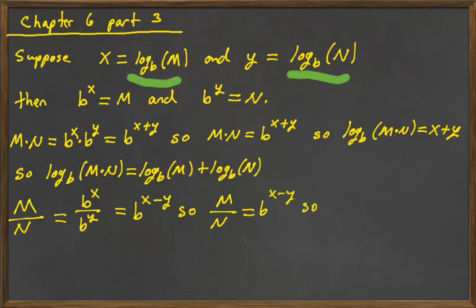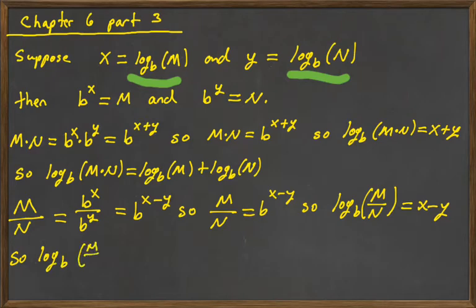And if we rewrite that as a logarithm, that's log base b of m over n, and that's going to be equal to x minus y, the exponent. Okay, so then again, log base b of m is x, and log base b of n is y, so we'll make those substitutions. So we have the quotient rule. Log base b of m over n is equal to log base b of m minus log base b of n.